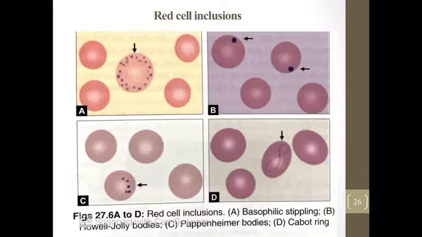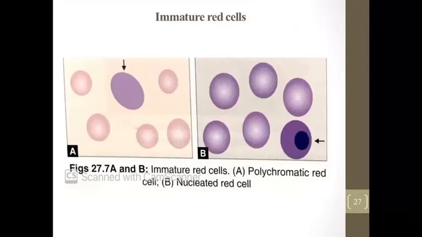Second is a Pappenheimer body, also seen after splenectomy. D is a Cabot ring, formation of an 8-shaped ring, seen in megaloblastic anemia. So these are the inclusions, remnants of the RNA present in the red cell. We have to see whether an inclusion is present or not.